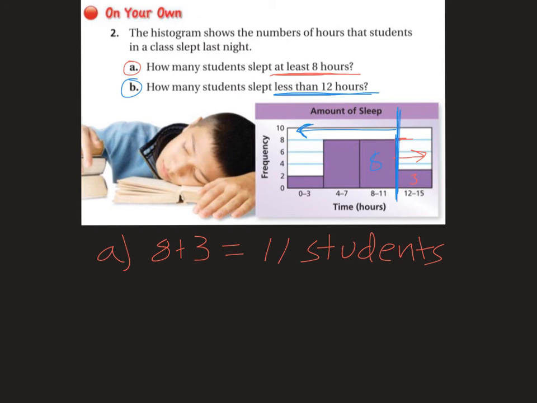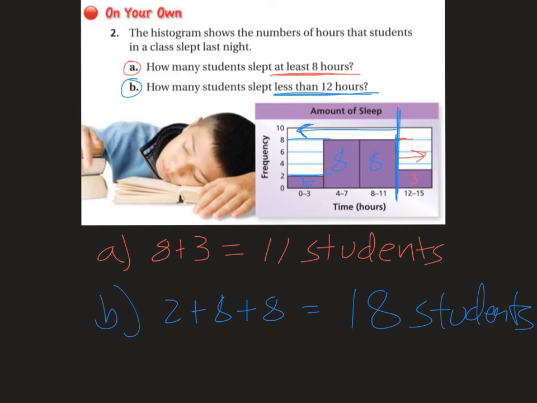We have 8 students here, another 8 students right here, and then we have 2 students down here. So we add them together, 2 plus 8 plus 8, and this is a total of 18 students. So 18 students slept less than 12 hours. They were in this group right here.